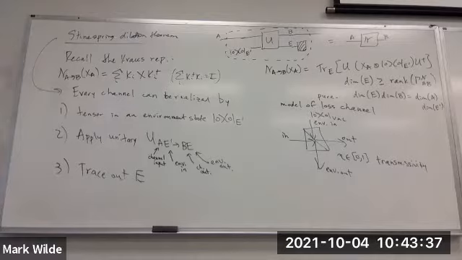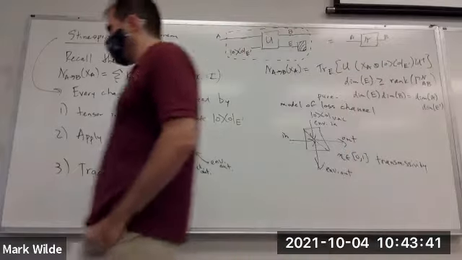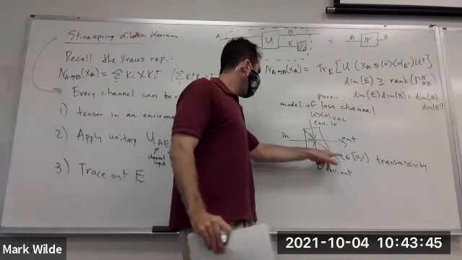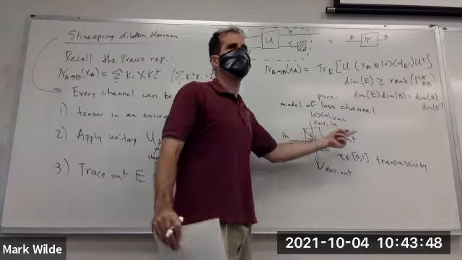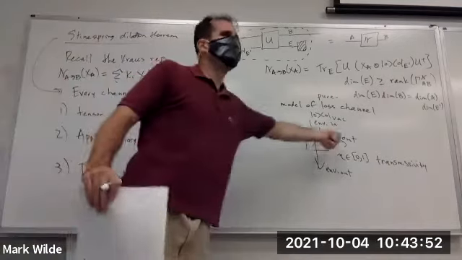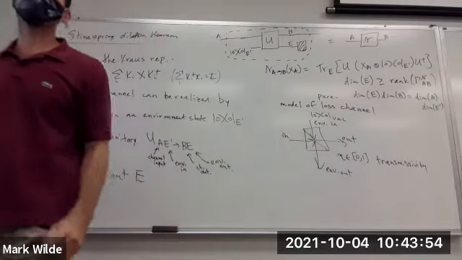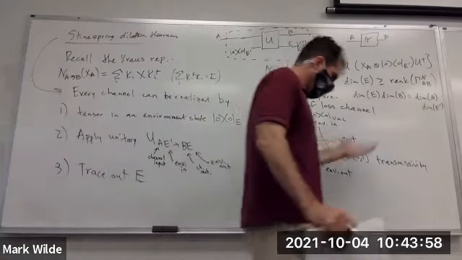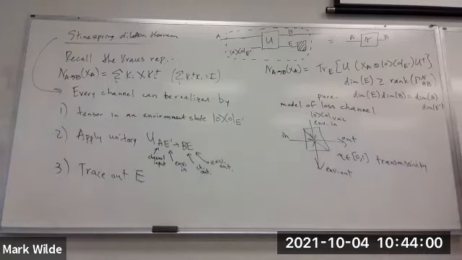This really is meant to be the photon number basis, and this is the vacuum state. In this model, eta is the average fraction of photons that make it from the input to the output. This is a model of loss for communication in free space or communication in an optical fiber.